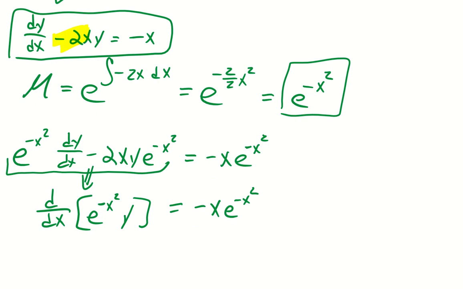And also, by the way, of course, because this expression here and this expression here are equivalent, we can also test that to make sure that they are indeed equivalent. All right, so let's just anti-differentiate both sides of the equation.